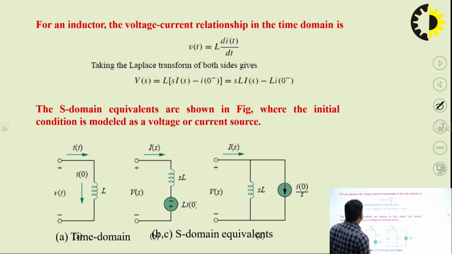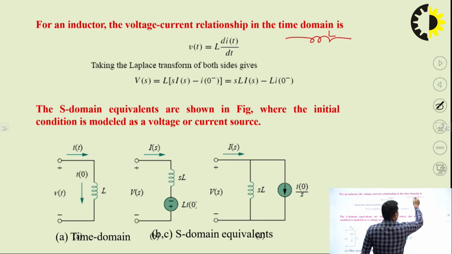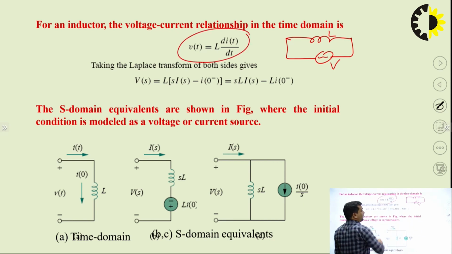And for the inductor, the voltage-current relationship is v(t) equals L di/dt. So by using Laplace transform, the Laplace transform of v(t) is V(s), and the derivative of the function i(t) gives, with L outside, s I(s) minus i(0-).